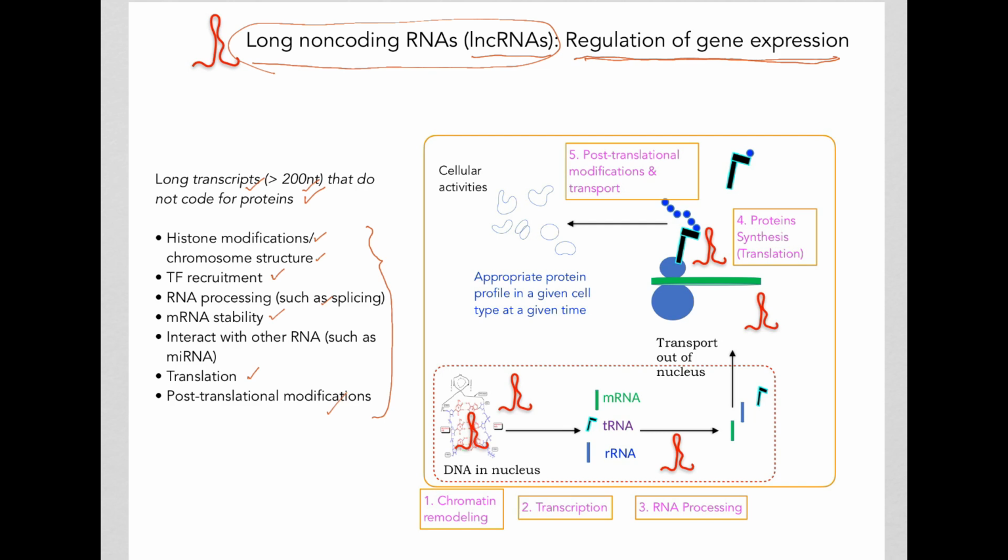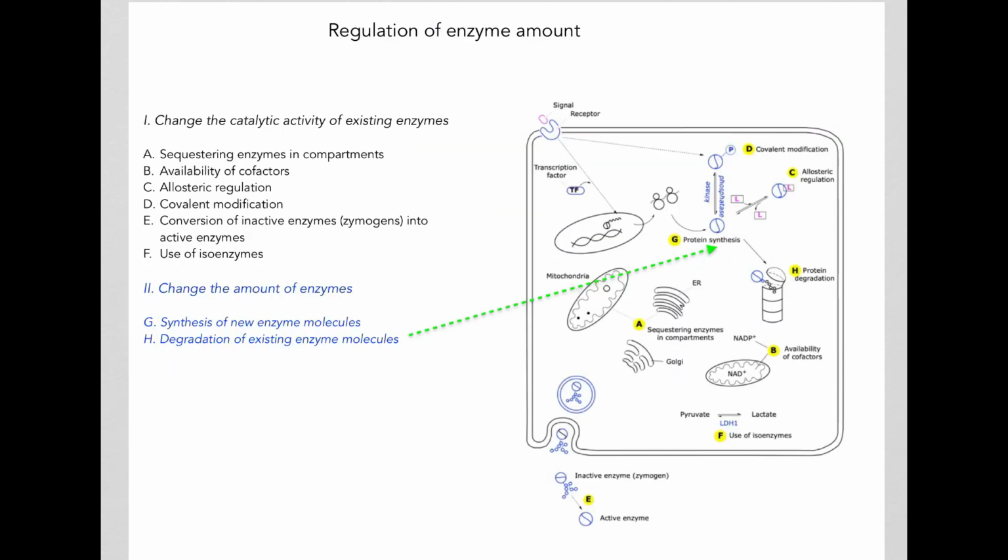So there's a lot of interest in understanding these molecules because they actually control how fast the gene is expressed, which means how much of an enzyme will be found in a certain cell. So that's a quick overview of changing the amount of an enzyme by regulating synthesis of the enzyme molecule.